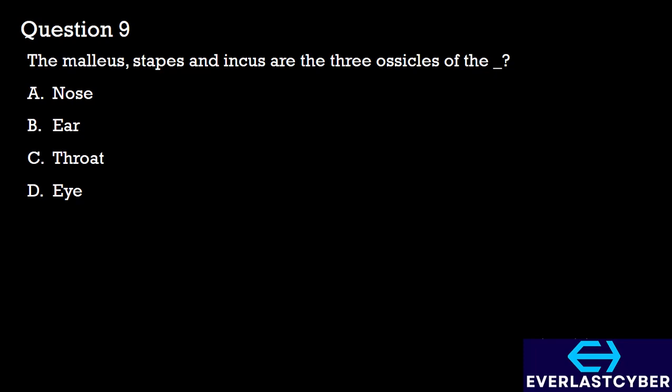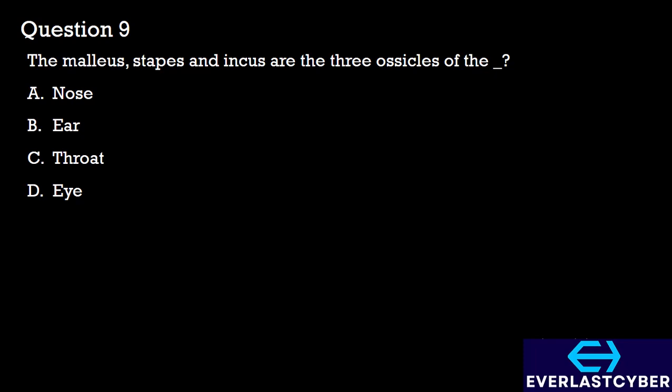The nose is responsible for the sense of smell and respiration, but it doesn't contain ossicles. The ear, on the other hand, has the three ossicles, which are tiny bones known as the malleus, stapes, and incus, and they are found in the middle ear.